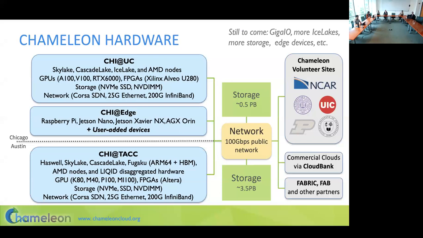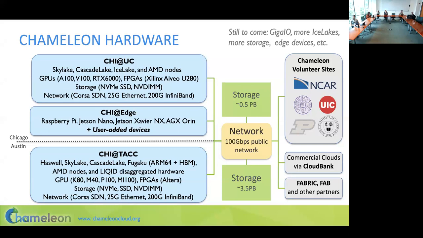Like I said, we've got two sites, one at the University of Chicago, the other one at TACC. At University of Chicago, we also have the capability to add CHI@Edge devices. And we've got some CHI@Edge devices that are available in our IoT lab, but what our users prefer to do is they generally like to have their own edge devices that are connected to some camera, watching wildlife or some other sensors, and then run edge-to-cloud experiments on that added edge device, right?